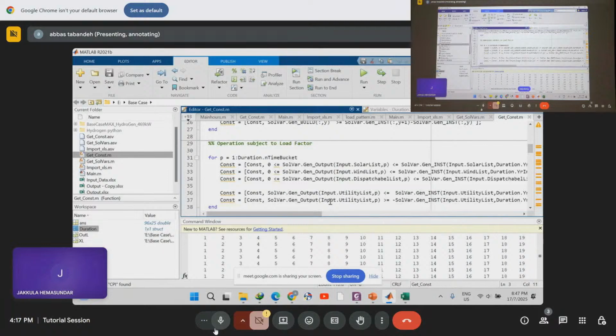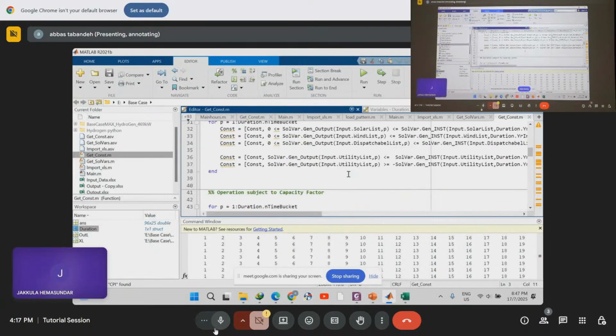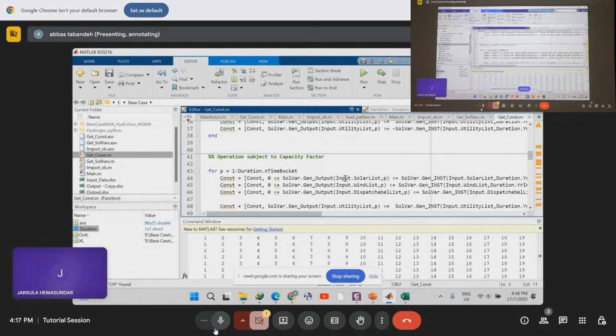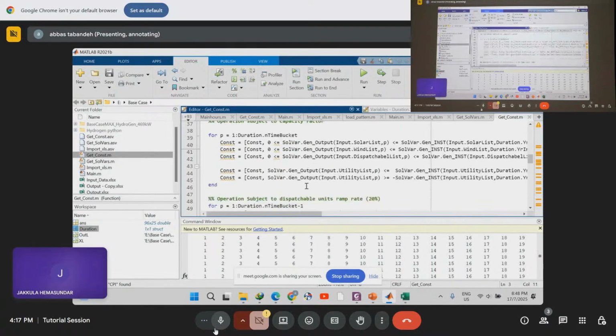And here we have operational constraints and modeling for different technologies, solar, wind, and other technologies. These are the dispatching constraints that we have considered for them. Or some of them are related to the capacity of each technology that they can produce.